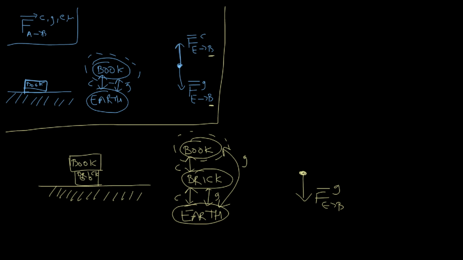And the brick is pushing on the book upwards. So there is an upward force, and it is a contact force from the brick on the book. Because both the book and the brick start with a B, I also include the R to indicate that this is the brick. So this is the contact force from the brick on the book. Okay, so this is another case where you have another force diagram.